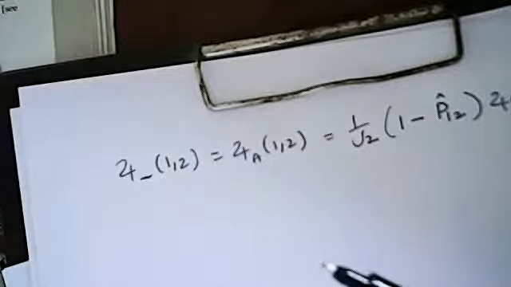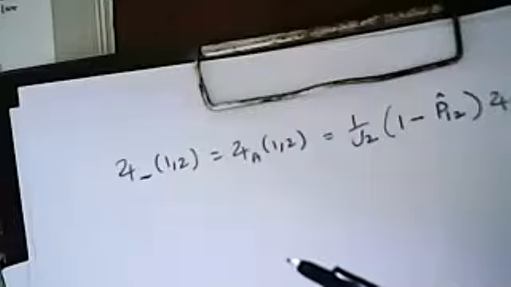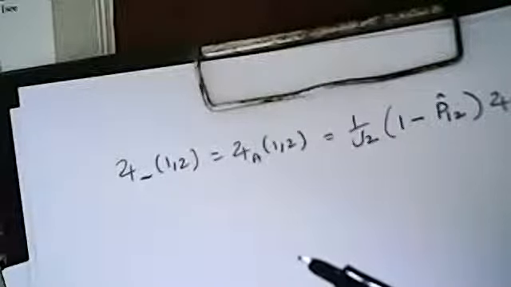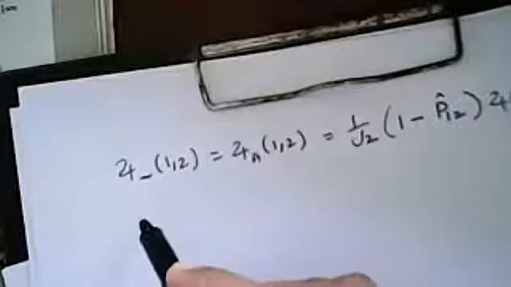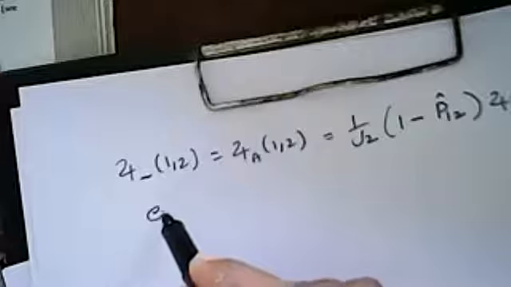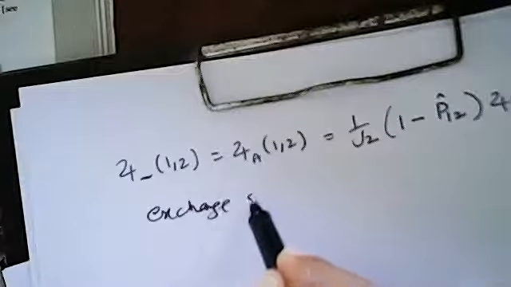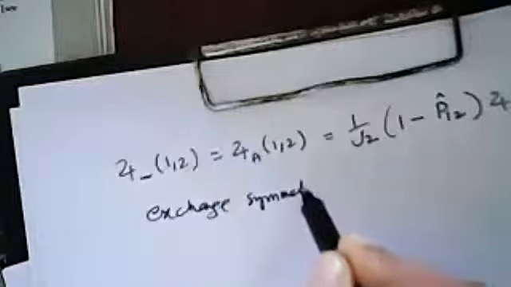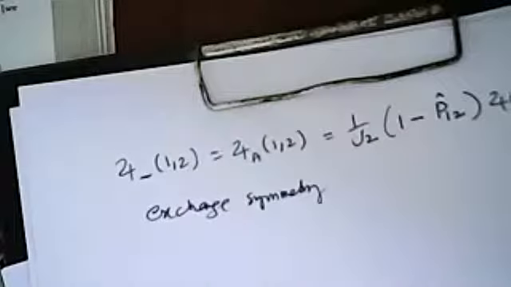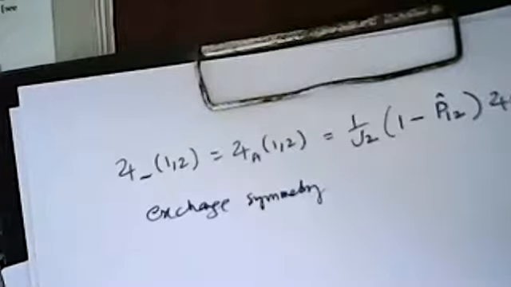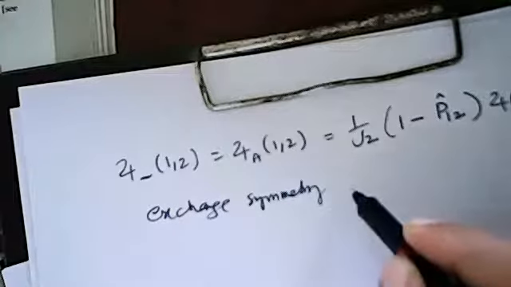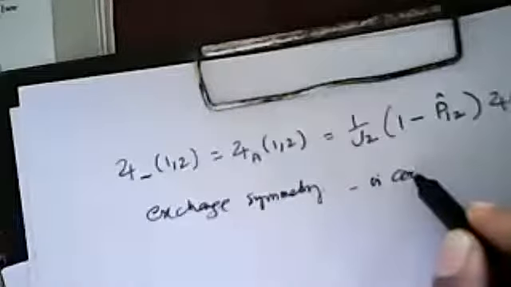If you exchange the particles, there is no change, so symmetry is there. Like reflection symmetry and rotation symmetry, this is exchange symmetry: you exchange the two particles and the system remains in a symmetric state. And this symmetry is a constant of motion.